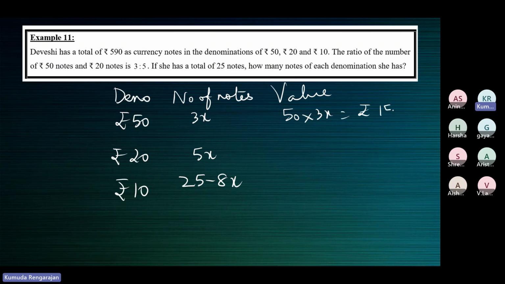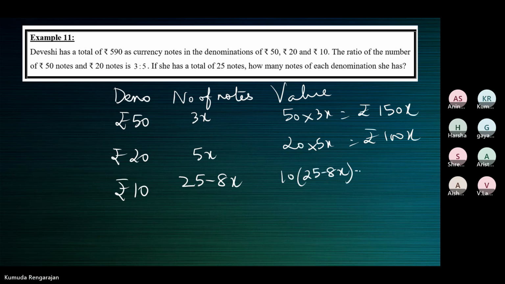Rupees 150x. 20 into 5x is rupees 100x. Then 10 into 25 minus 8x. So 10 into 25 is 250 minus 80x. Correct?